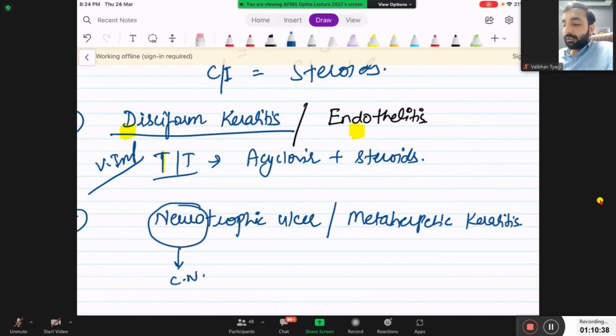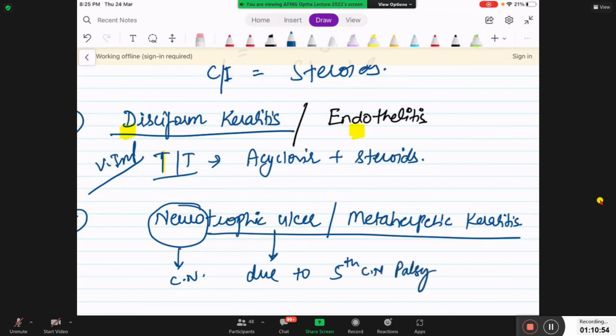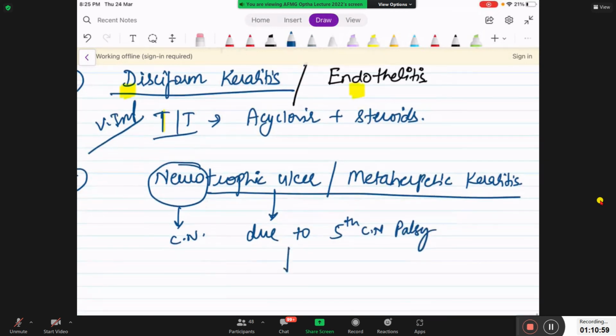So what is the relation? Write down, this neurotrophic ulcer is seen due to fifth cranial nerve palsy.